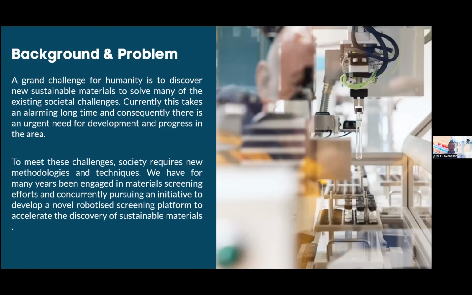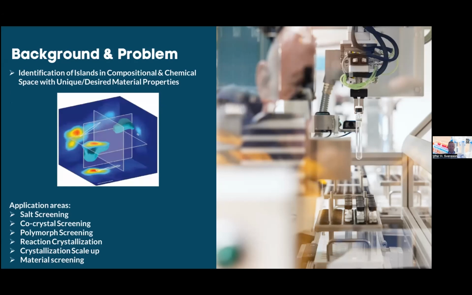Currently it takes an alarmingly long time to find novel and suitable, sustainable materials, and consequently there is a real urgent need for development and progress in this area. To meet these challenges, we have for many years been engaged in screening efforts and concurrently pursuing an initiative to develop a novel robotized screening platform to accelerate the discovery of novel and sustainable materials in different key areas.